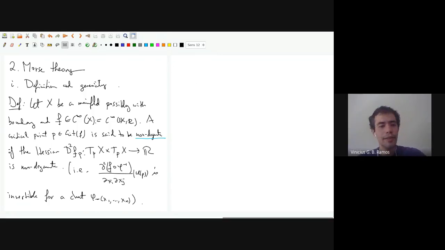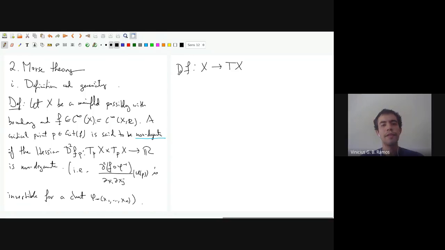So another way to define it more abstractly without using coordinates, for those who are so inclined, is to say that, well, first you have a derivative, df, which is a map that goes from X to the tangent bundle. So you can look at the linearization of this map. Well, let me call this capital D f.